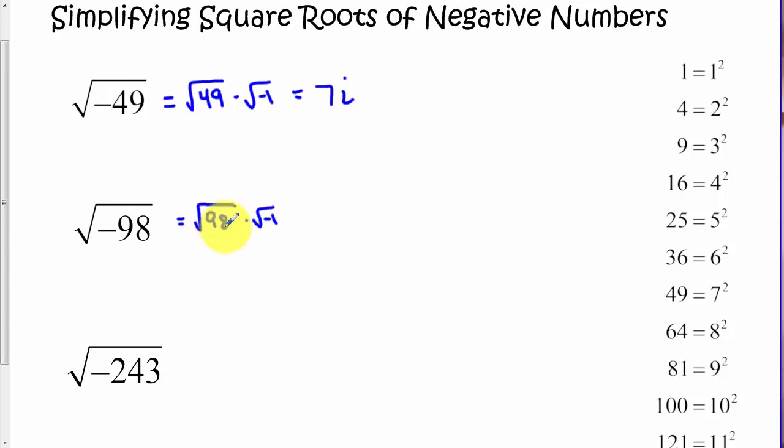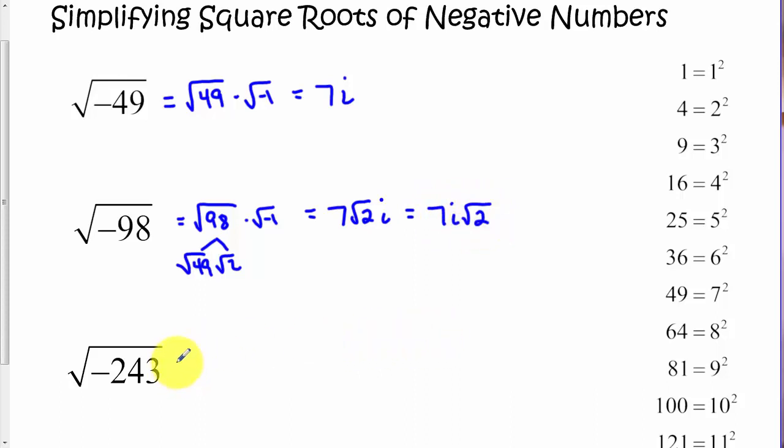Now, 49 divides into 98, so this splits up into the square root of 49 times the square root of 2. So now we've got 7 radical 2 times i. Just a notation, because it's not always clear how far the radical sign extends, we will always put the i in front of the radical like that.